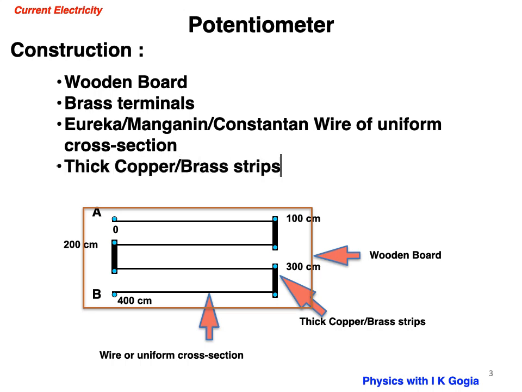Thick copper or brass strips, as you can see here, wooden board, the Constantan or Eureka or manganese wire divided in parts of 1 meter each. 1 meter, then we have thick copper or brass strip, 100 to 200 centimeter, 200 to 300 centimeter, and so on.